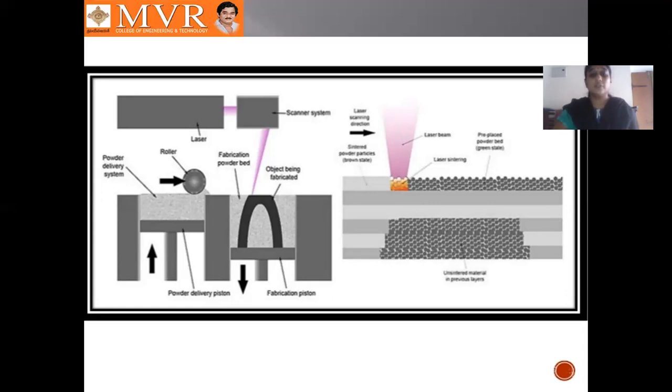Next, the object fabricated is lowered by the fabrication piston, the laser beam scans the material, and the powder delivery system supplies the powder, and then the product comes out.